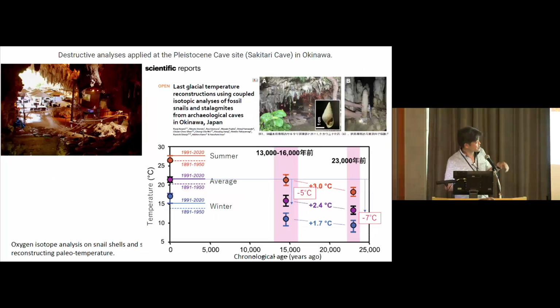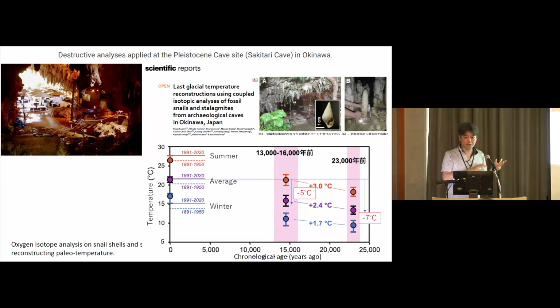And after this study, another colleague of ours tried to reconstruct the water paleo temperature during the last glacial maximum, and they successfully confirmed that the average temperature of the last glacial maximum period was 7 degrees cooler than today.